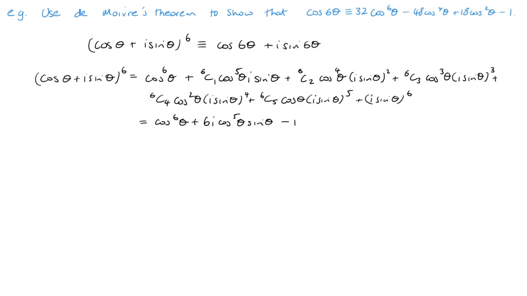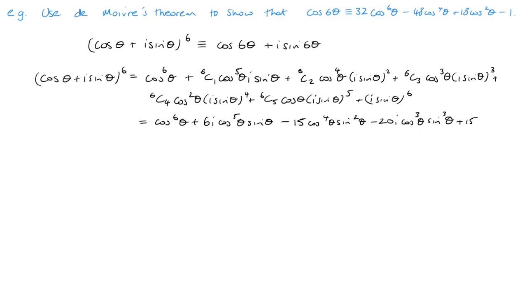So this is going to be minus 15 cos^4 theta sin^2 theta, plus 6C3 is going to be 20, and we've got i cubed, which is going to be minus i. So this will be not plus, it'll be minus: minus 20i cos^3 theta sin^3 theta. Now 6C4 is 15 cos squared. Now i to the power 4 is i squared times i squared, or minus 1 times minus 1, which will be plus.